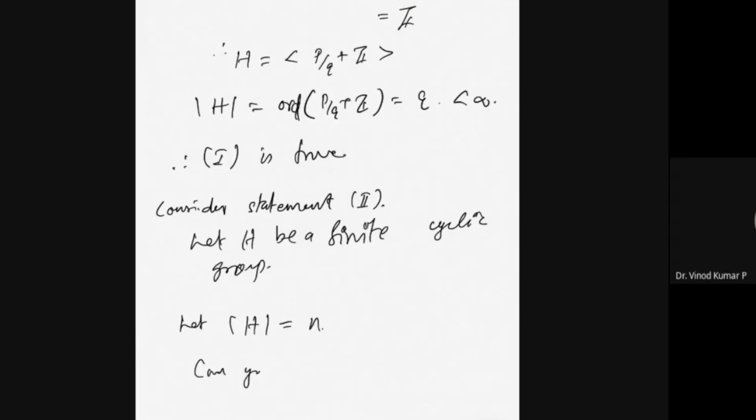Can you construct an element of order n in Q by Z? Anybody?